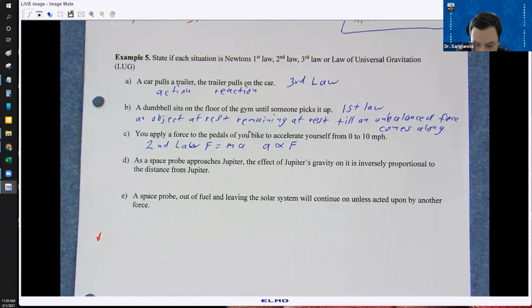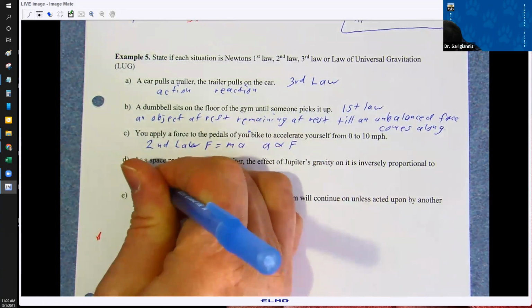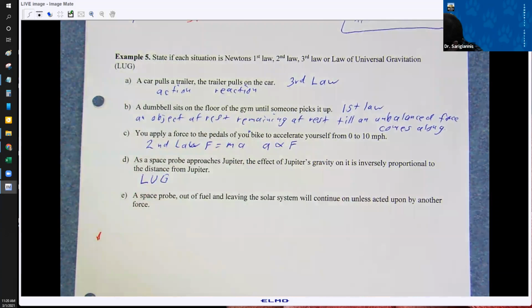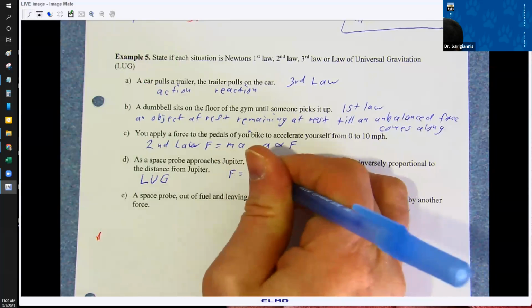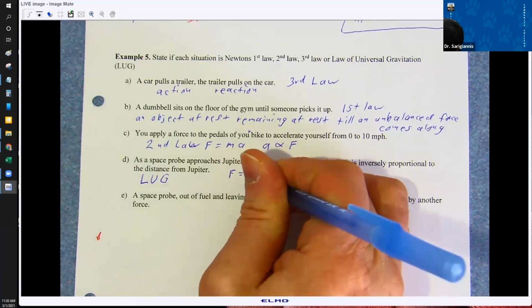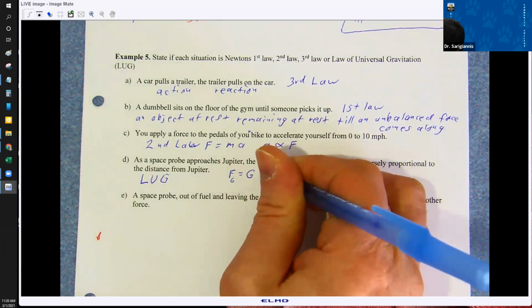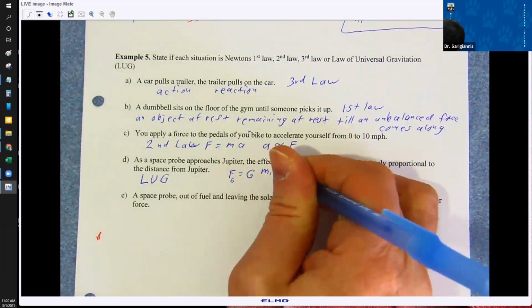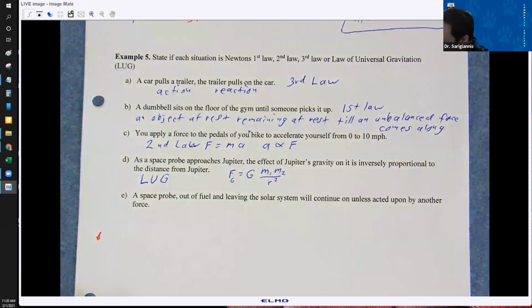All right, and most people got this. It's law of universal gravitation, right? So let me write that here. L-U-G, LUG. And remember the actual equation is F equals, well, F of G, force of gravity, is G times M1 times M2 over distance squared.